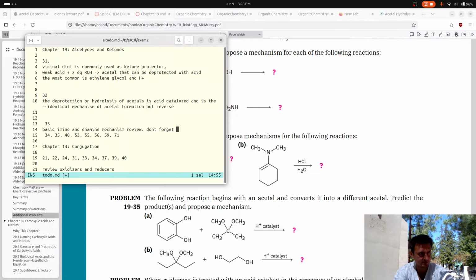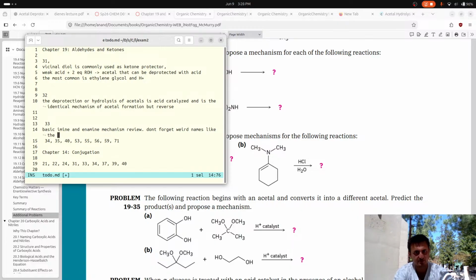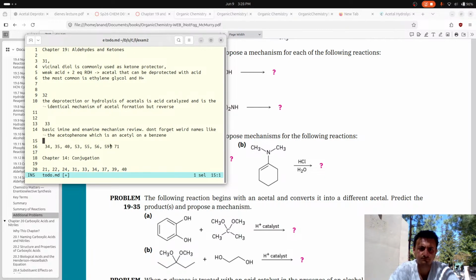Don't forget weird names like, what is it called, if you have an aldehyde group, carbaldehyde. Yeah, that's fine. The next one is 34.